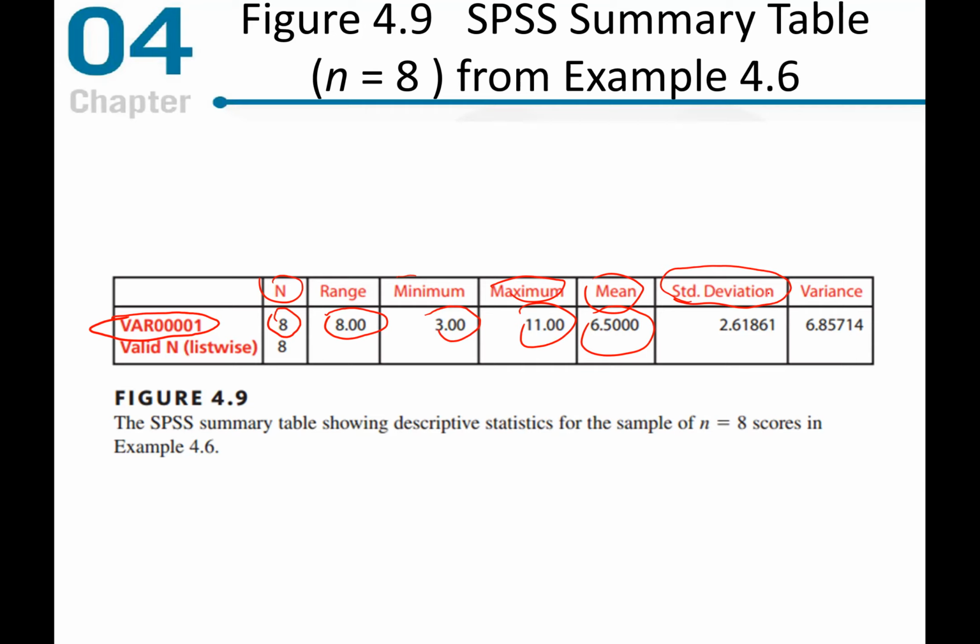Deviation. And this is the sample variance. So that's how it would look in SPSS. This one is going horizontally, but you could see it vertically, and all of these headings would still be the same.